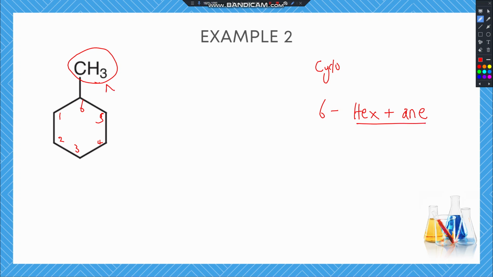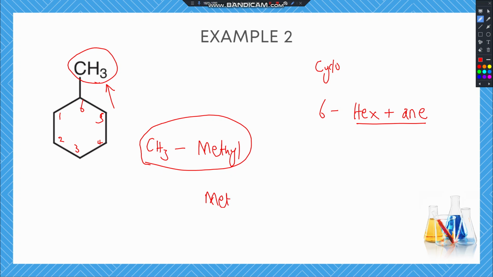Now, look at this branch over here. The branch is CH3, and CH3 has the name methyl. Okay, so since it is a branch, it now becomes the prefix, the original prefix that we use in naming it. So the prefix here is methyl, which is the branch.